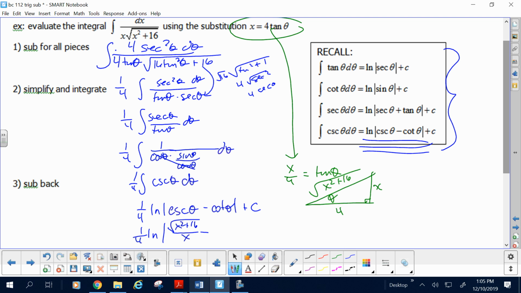And cotangent is adjacent over opposite, so 4 over x, yeah? Plus c. You can imagine that the answers in the back of the book might be changed. Maybe they put it together. Maybe they put a 4th root. I don't know. I don't require cleanup, okay? If you got there and call it good, you're good. If you have questions about whether your answer matches theirs, I'll be happy to answer that as we go.